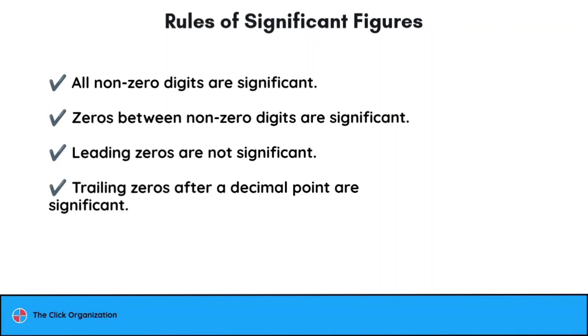Finally, zeros at the end of a decimal number are significant because they indicate the precision of the measurement. For example, in 3.1400, the zeros after the non-zero digits are significant. These rules help us determine how many significant figures a number contains.